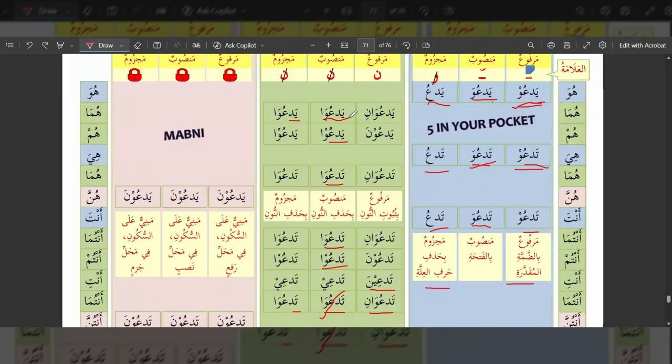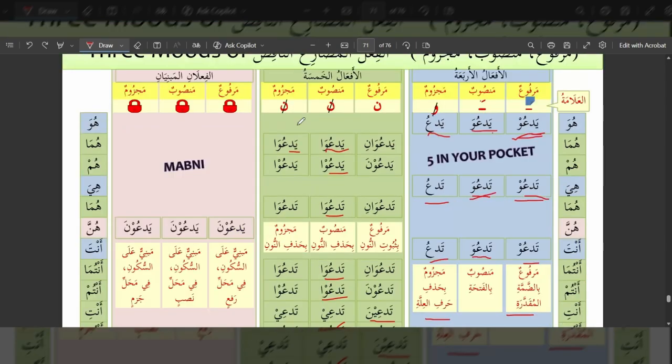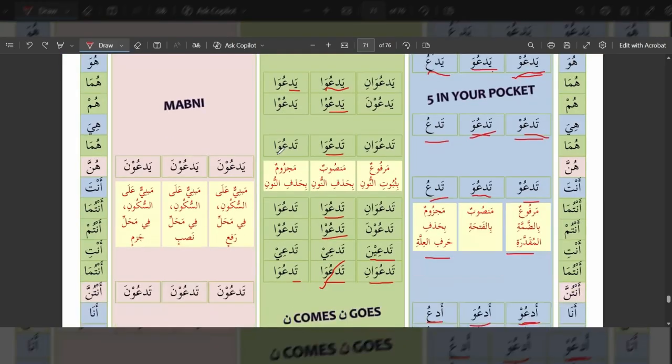So for huma it goes as yad'uwa. For hum yad'u. For huma tad'uwa. For antuma tad'uwa. For antum tad'u. For anti tad'i. And for antuma tad'uwa. And in the majzoom form, again, it will remain the same.